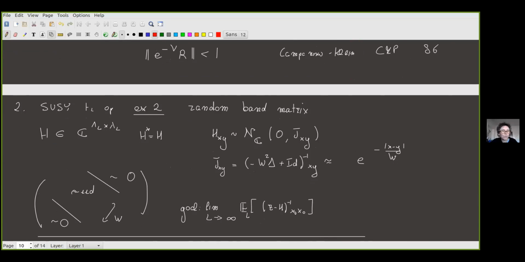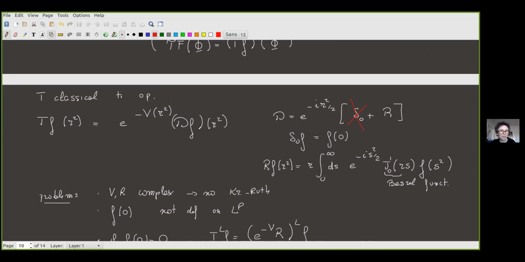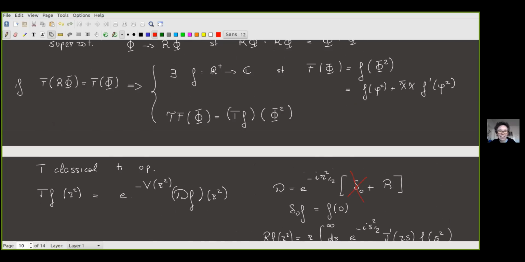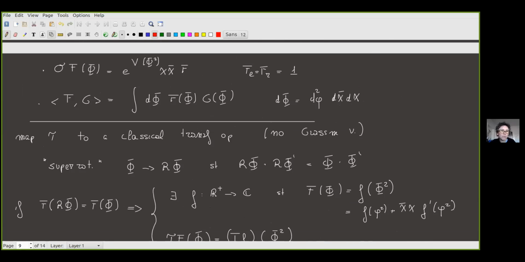Well, band matrix is a bit more difficult, though there too you can prove a lot of stuff. But for the random Schrödinger operator, you can prove a lot of results without any supersymmetry. In a way, it's rare to use supersymmetry for random Schrödinger; you have other tools.